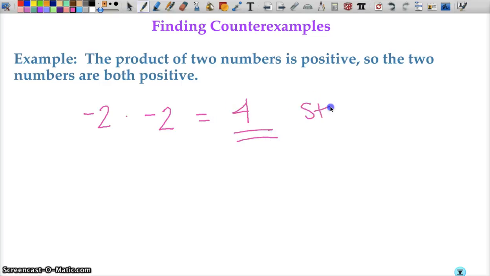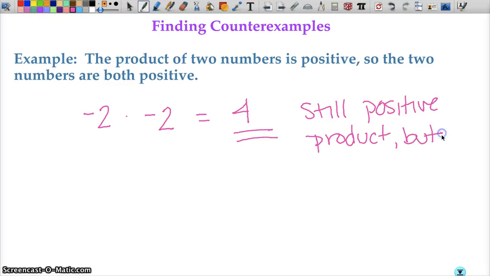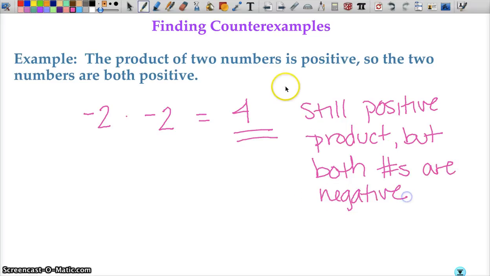Still a positive product, so it still fits the original hypothesis, but both numbers are negative. So that would be your counterexample.